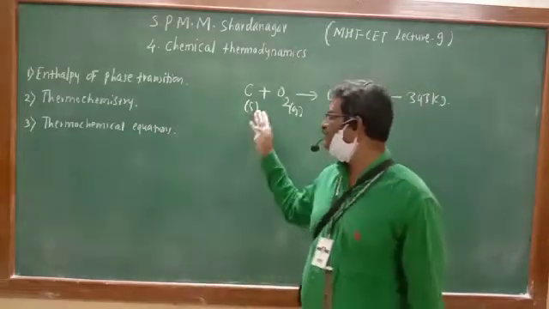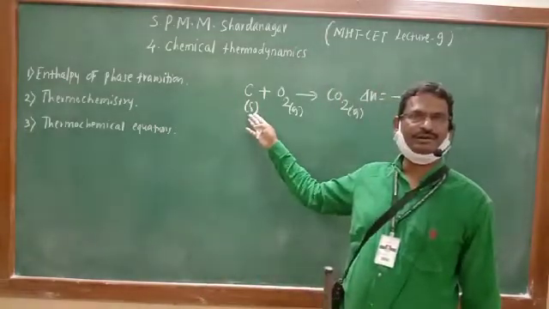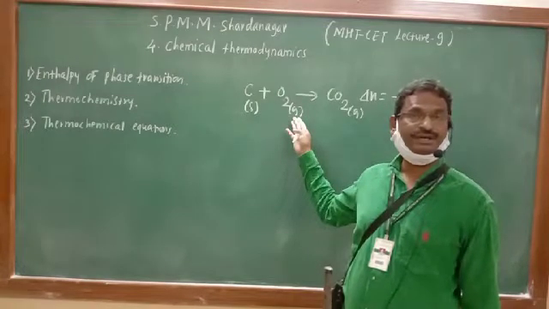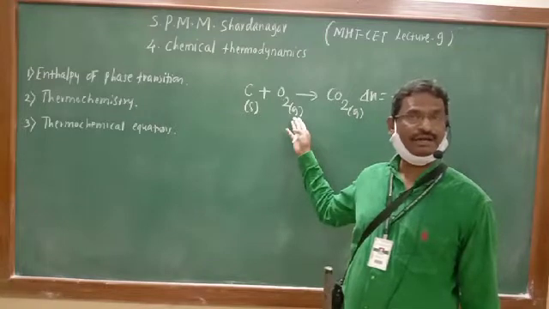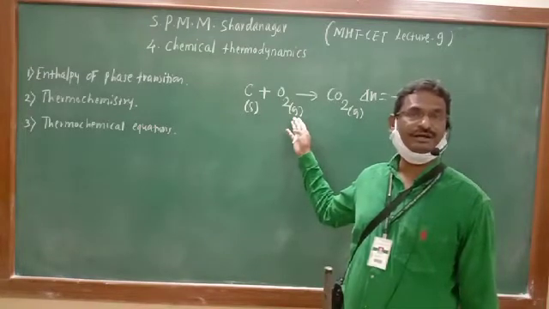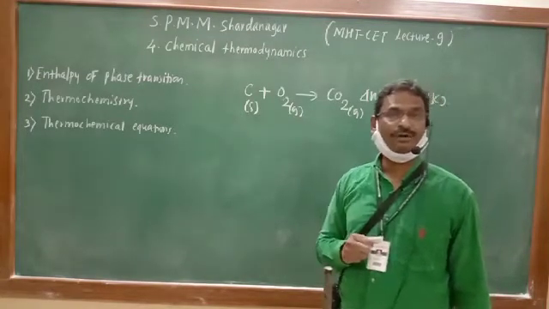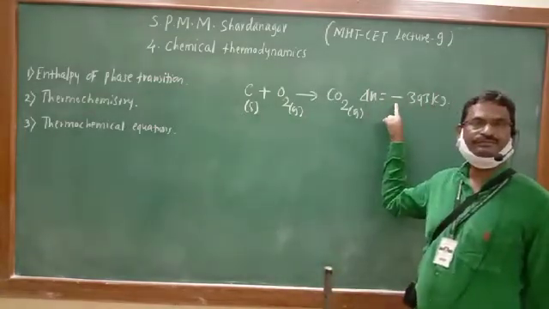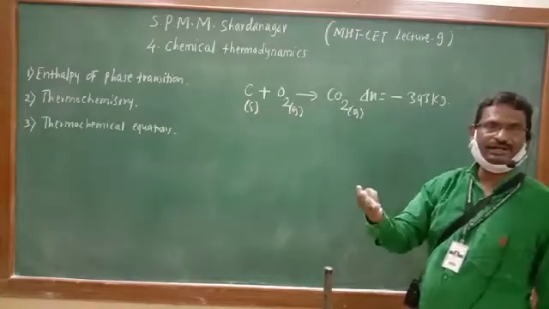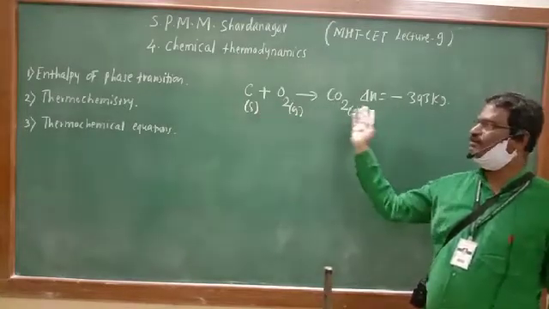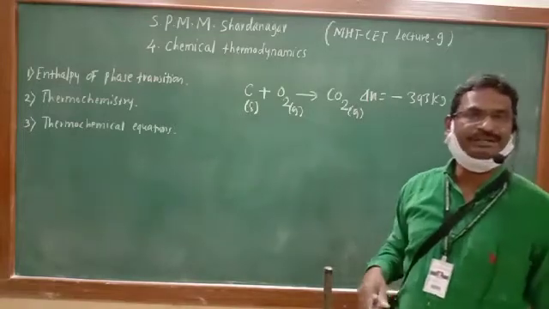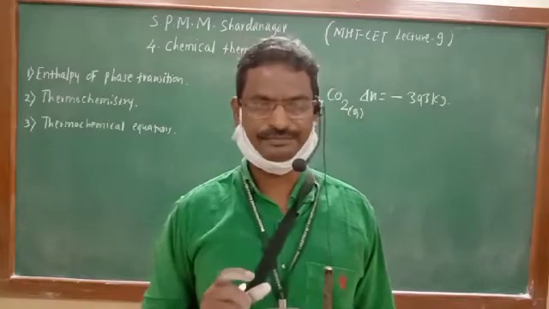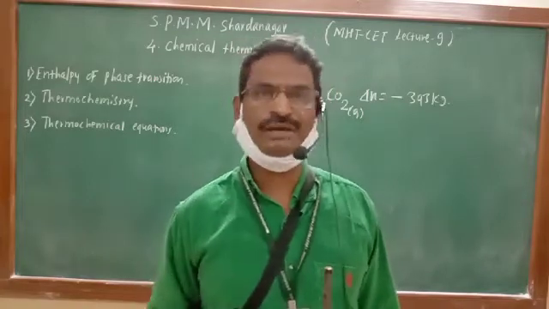There we have seen S is used for solid state reactant or product, G for gaseous state, L or AQ for liquid state, aqueous state. Negative sign indicates the reaction is exothermic. Backward reaction will be endothermic. The whole thermochemical equation can be written in the opposite manner just by changing the sign of delta H. That is about the thermochemical equation.